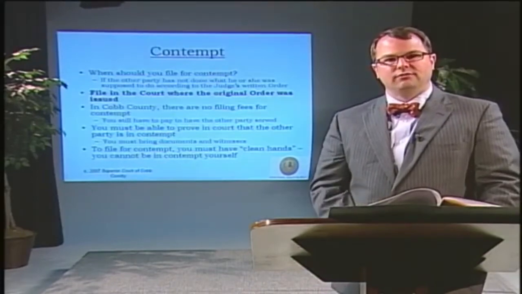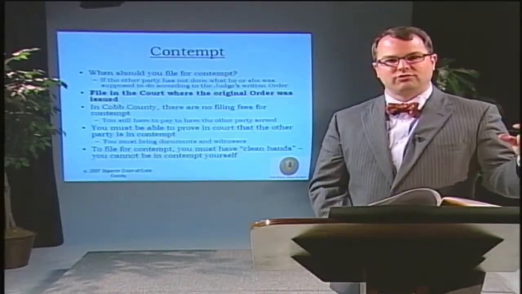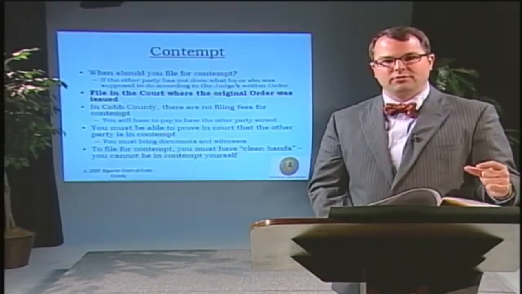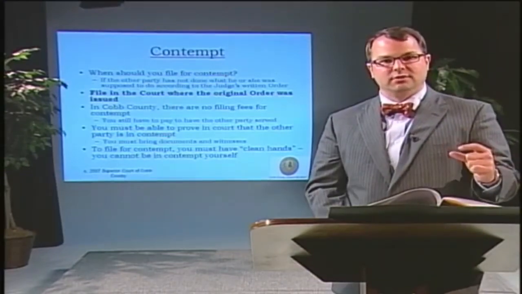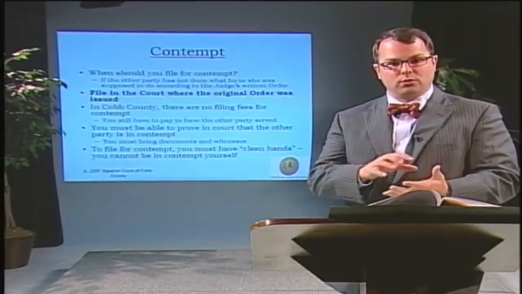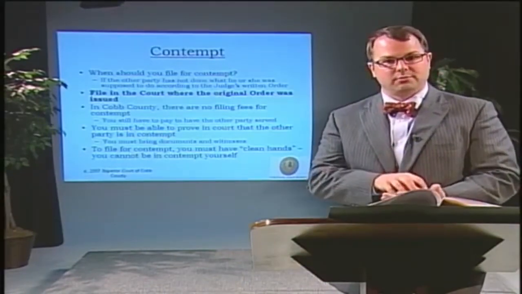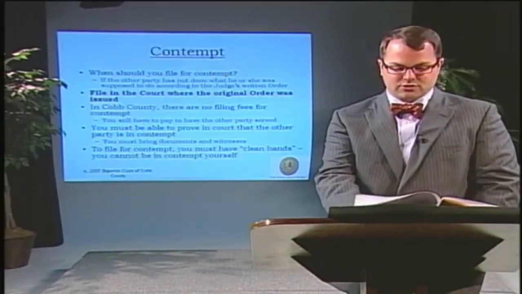For example, if the divorce order in paragraph 7 required the other party to pay X number of dollars in child support every month, and they're not doing so, then you need to point out in the petition for citation of contempt that it is paragraph 7 of that order, and attach a copy of that order to the petition, that the party is violating, and that is the reason why you have brought this petition for citation of contempt.